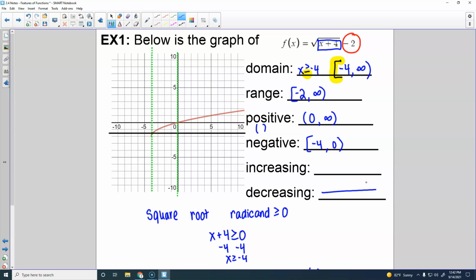Whatever your domain was up here, you're just going to put it down here for increasing. So from -4 to infinity. Square roots will increase or decrease on the entire domain, so it'll be one of two, just like our exponentials and our logs. Okay, questions?